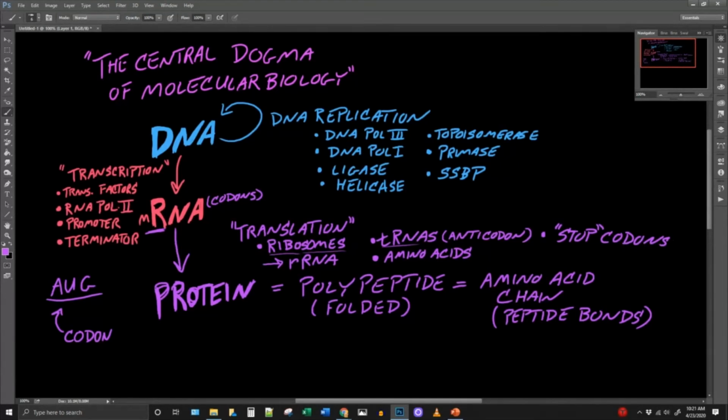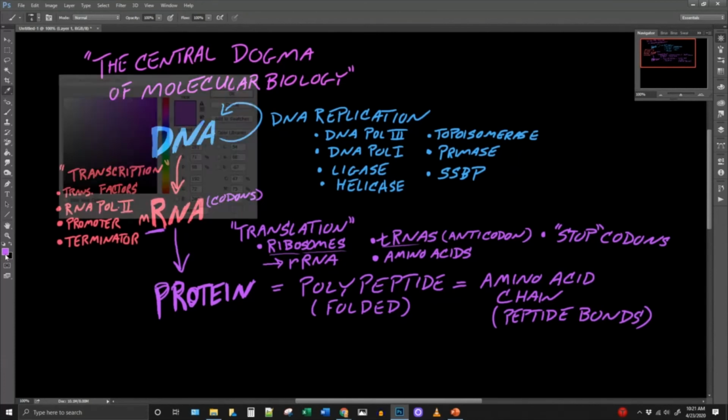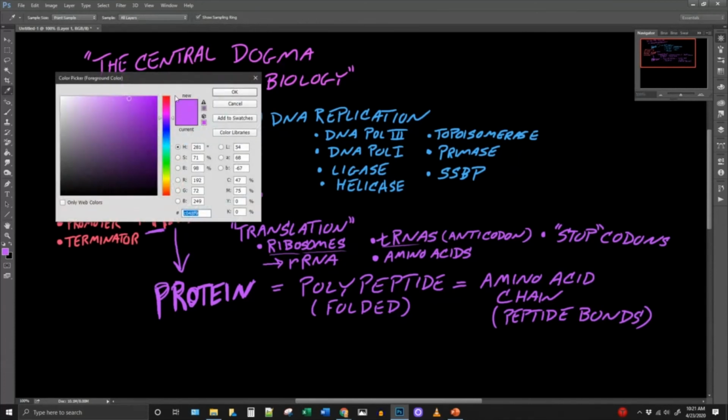That's where translation will stop when we reach a stop codon on the mRNA molecule here. So that's the central dogma of molecular biology. DNA is transcribed into RNA, to mRNA, and then that mRNA is translated into polypeptides, which then fold to become proteins. There's one additional step here.